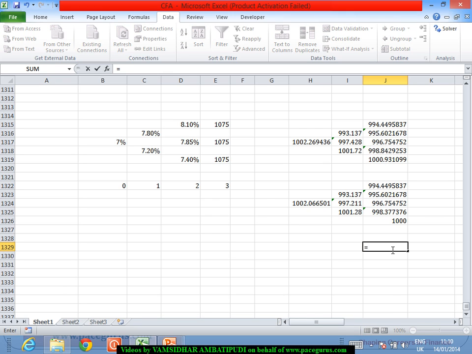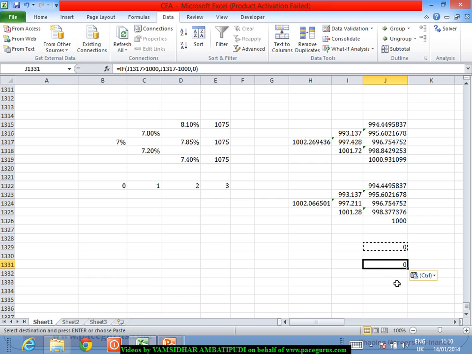If this value is greater than 1000, I take this value minus 1000 as the payoff. Otherwise, I take it as 0. So in this case, the payoff is 0. In this case, the payoff is 0. Whereas in this case, the payoff is somewhere around 0.93.